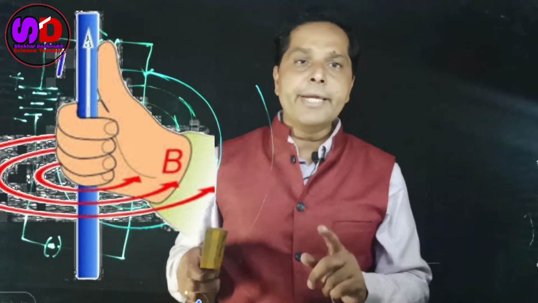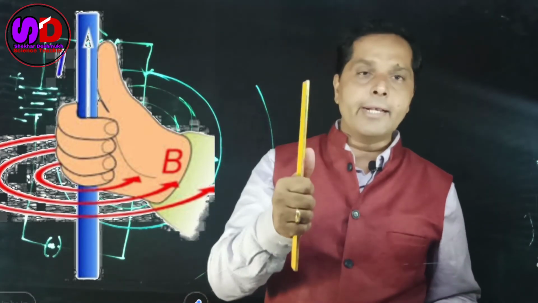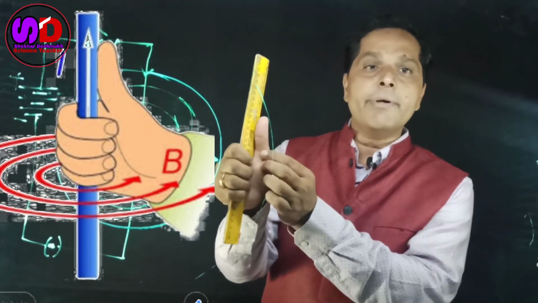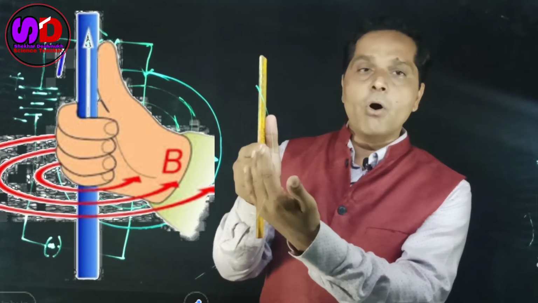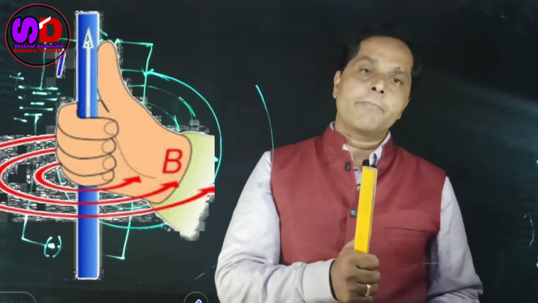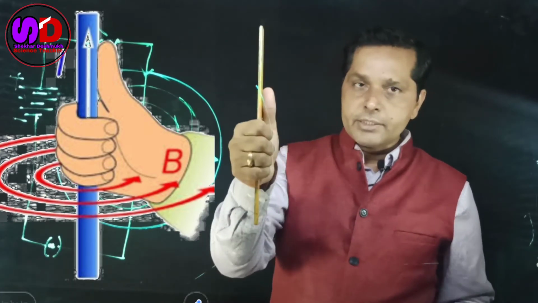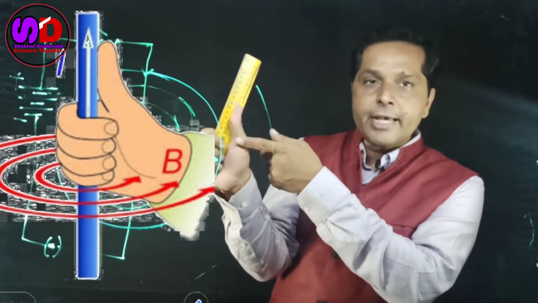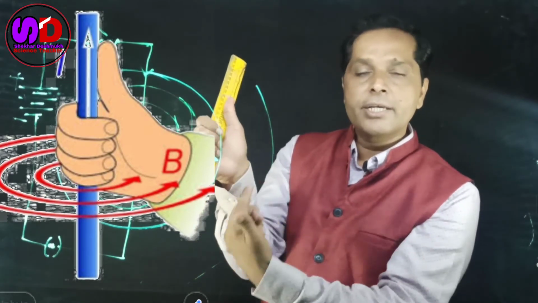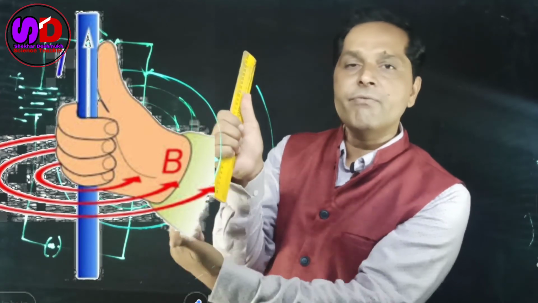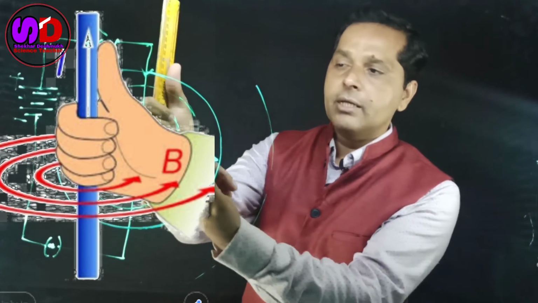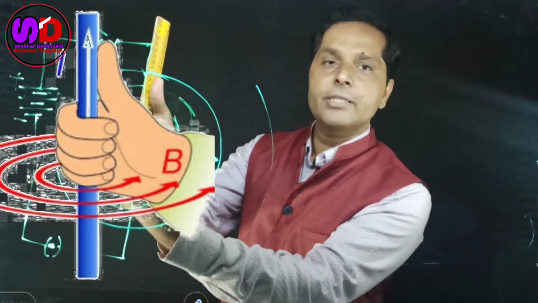Imagine that you are holding a current carrying conductor in your right hand, in such a way that the thumb is stretched and all other fingers are curled around the conductor. In this way, if the thumb shows the direction of electric current, then the curled fingers give the direction of magnetic field. If the current is in upward direction, the magnetic field lines direction is this.